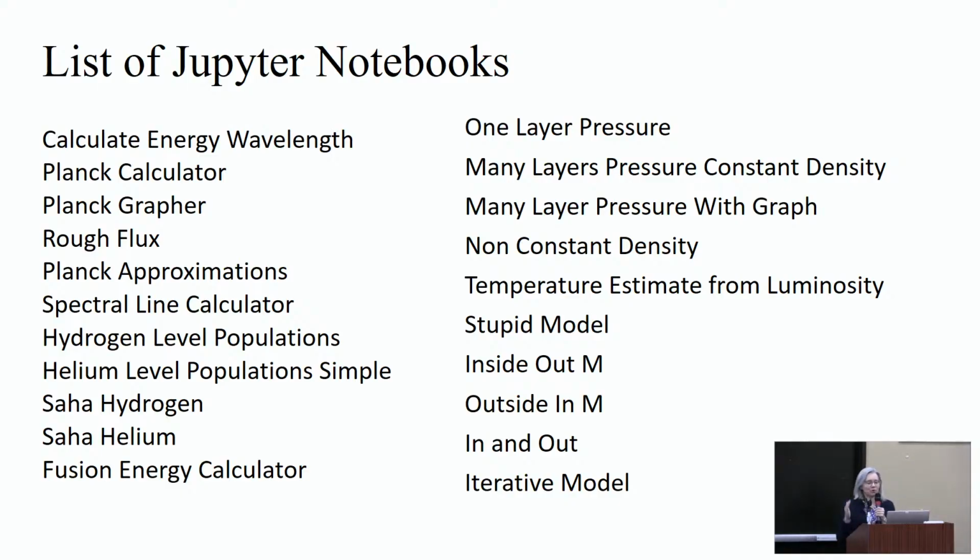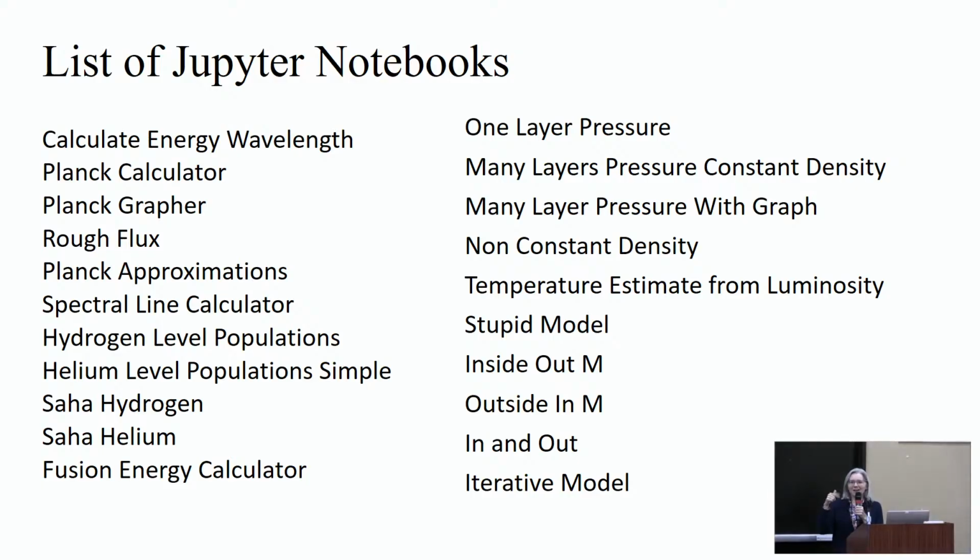And then we move on to a more complicated function with the Planck function in that second notebook. And then in the third notebook, they see graphing for the first time and learn how that works. Then, the spectral line calculator: they can give some bottom level in the hydrogen atom, and it will calculate the wavelengths of all the lines for electrons falling into that level.